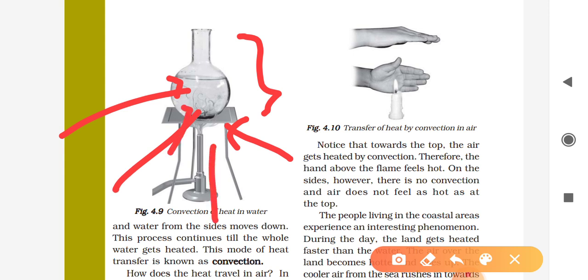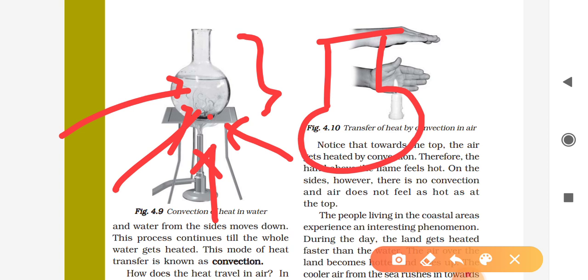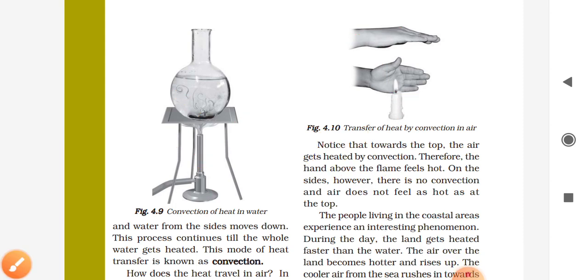When you give heat, this potassium permanganate slowly goes in the upward direction. That means the heat given to the water transfers some parts of the potassium permanganate upward.